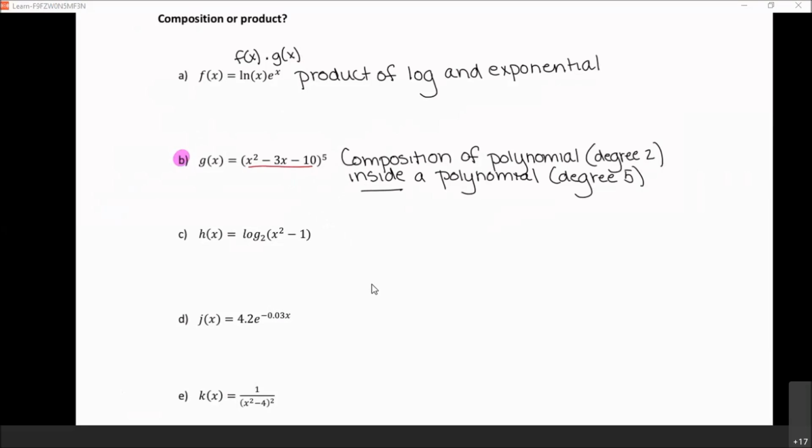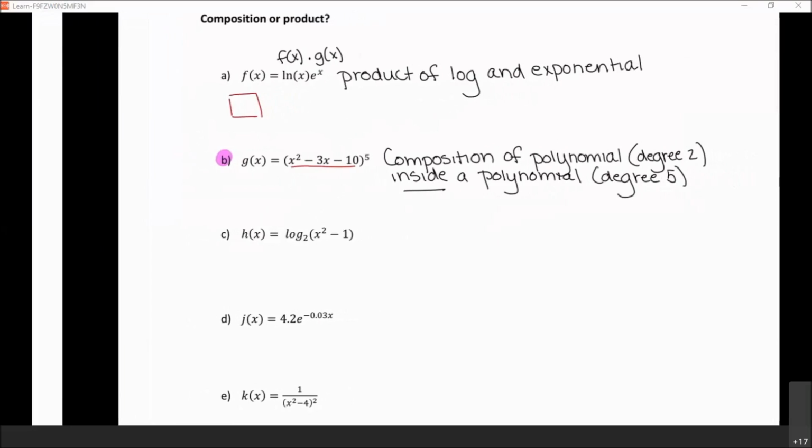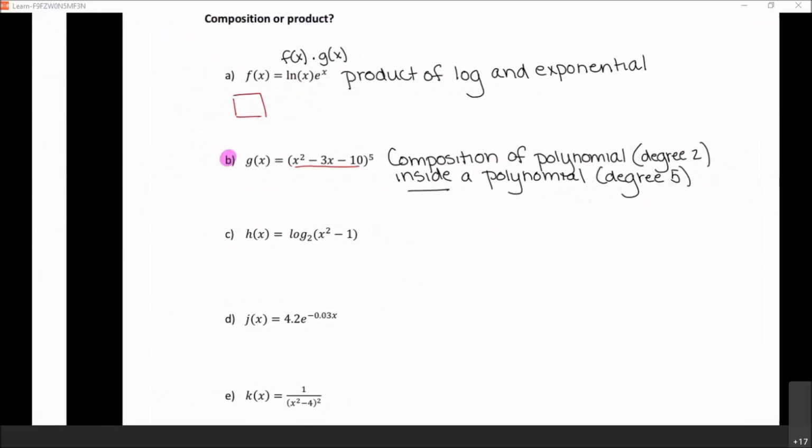You might remember pictures, and again, I apologize because I don't know what you've seen before. You can think of it like this, where you've got an input function, say g of x, and then it does some stuff.